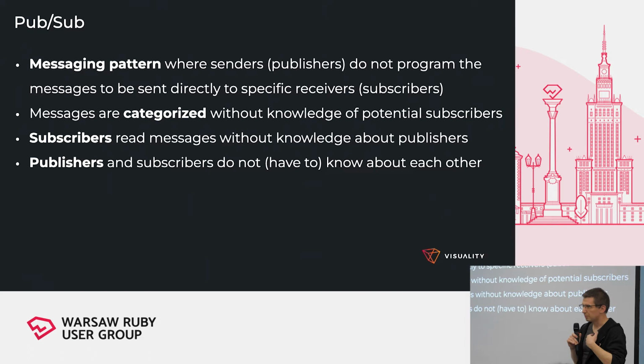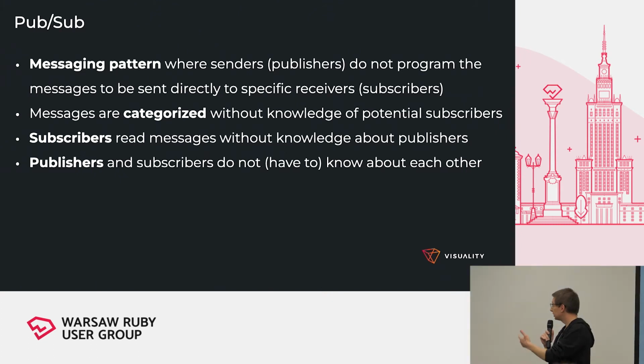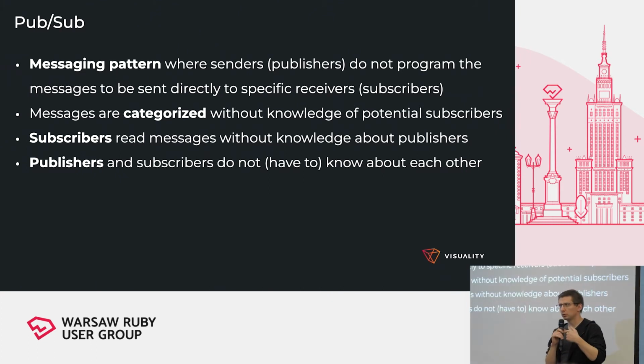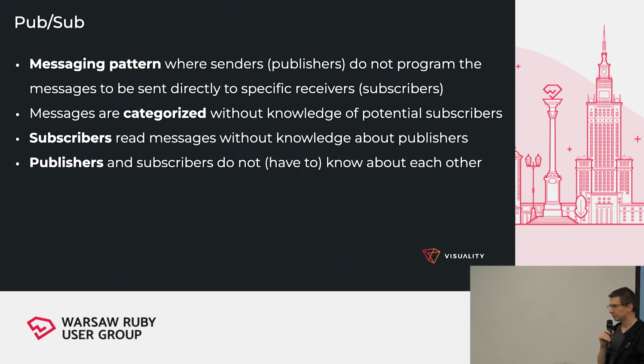So me as a process, me as a component, I don't send a message to anyone. I don't send it, I just publish it. And if someone wants to read those messages that I publish, they just subscribe to the message category that is put in. In this pattern, publishers and subscribers have nothing in common. They don't even know that they exist.